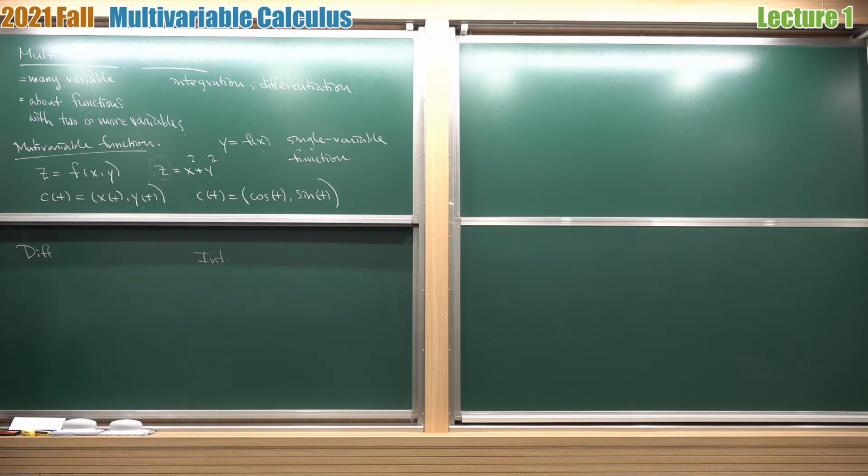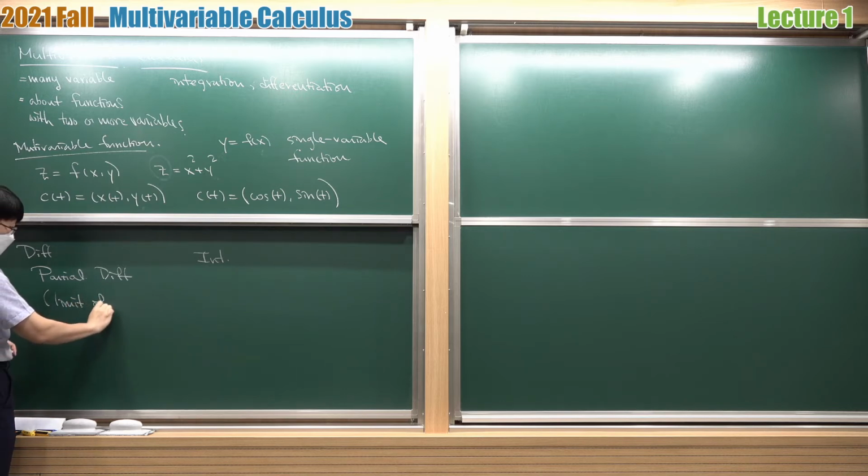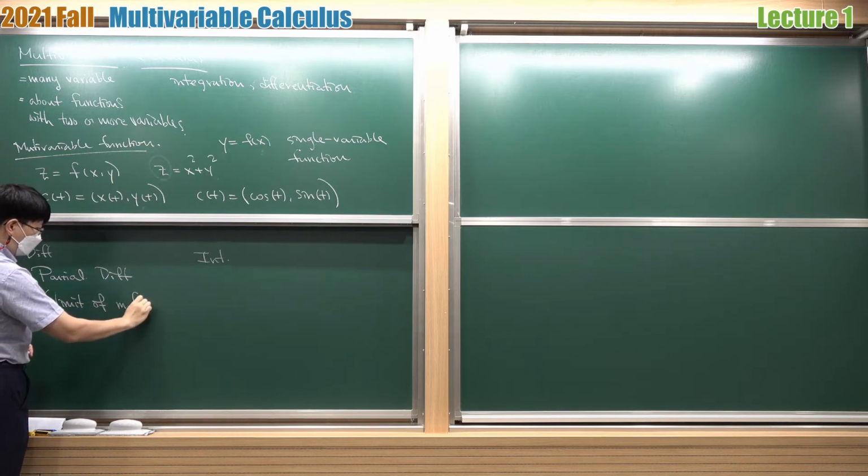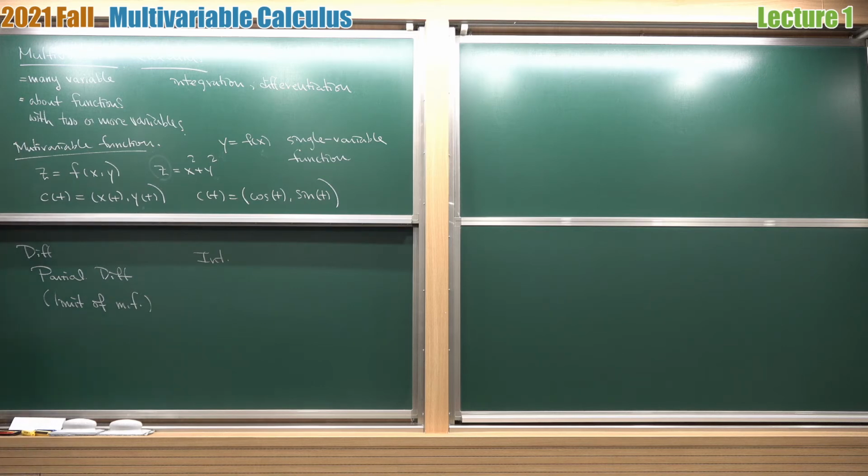In the differentiation of multivariable functions, we will begin with the differentiation of single variable functions and how to generalize that. Before that, we need the notion of partial derivative, and that involves the limit of multivariable functions. Once you know the partial derivative, you can think about the differentiability of multivariable functions.